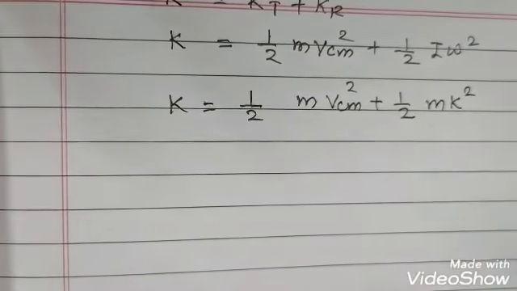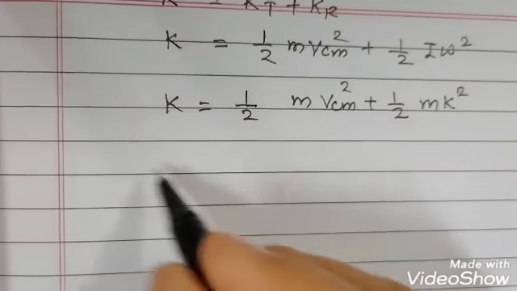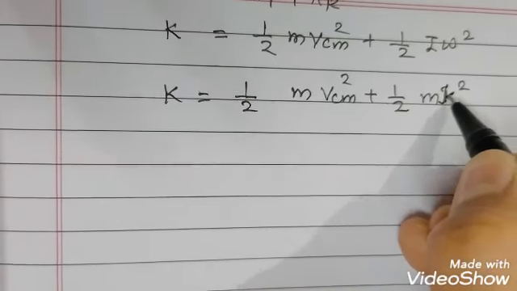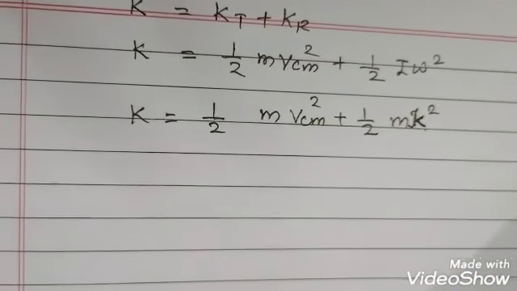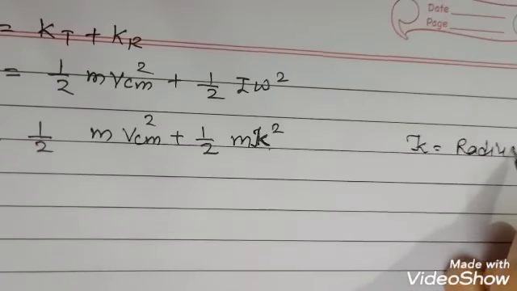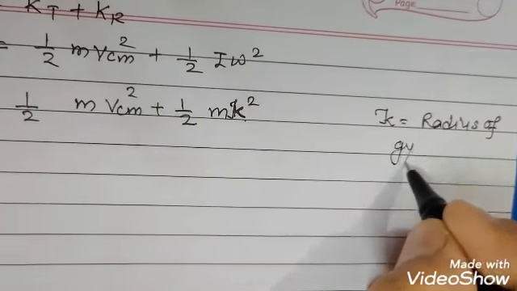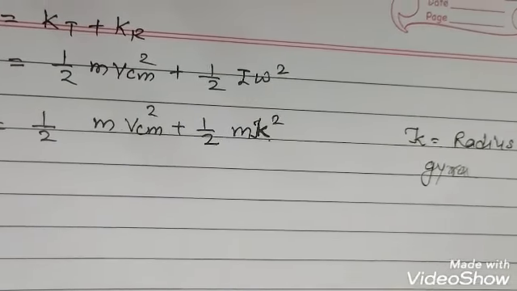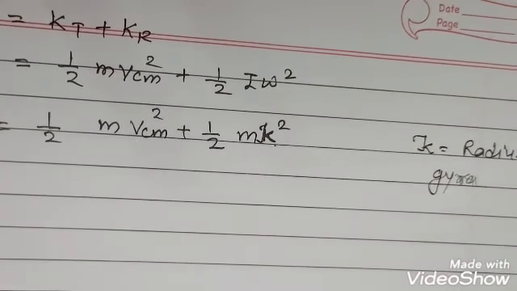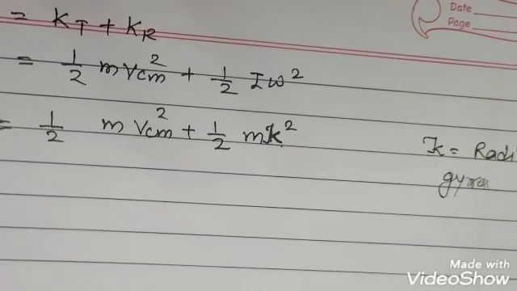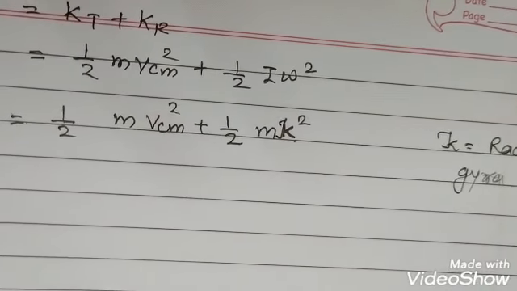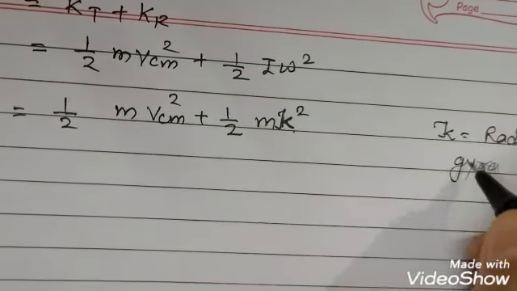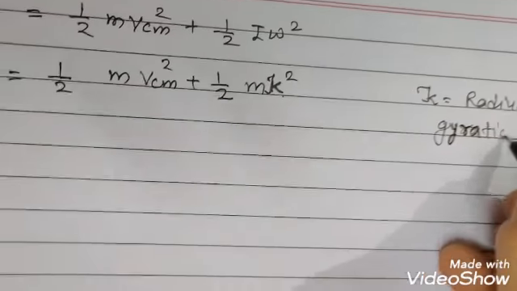What is m k square here? M is the mass of the body and k is the radius of gyration. This small k is the radius of gyration. And radius of gyration is nothing else, it is a perpendicular distance. The radius of gyration is the perpendicular distance of center of mass from the rotation axis that we have seen already. So this k is the radius of gyration here.